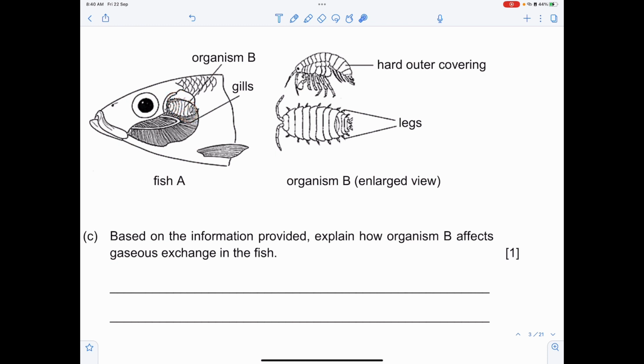So there is less water flowing past the gills. Don't forget, for fishes, the water is like our air. The oxygen is dissolved in the water that flows over the gills. So if you cover up the gills, like what this animal is doing, it reduces the amount of gaseous exchange.